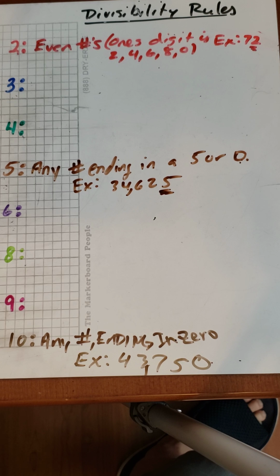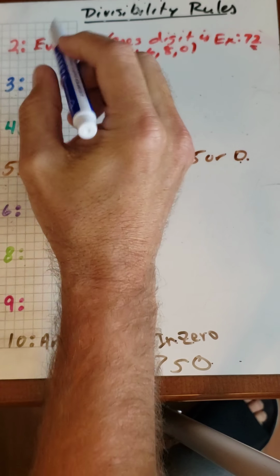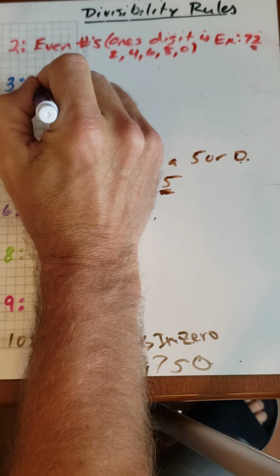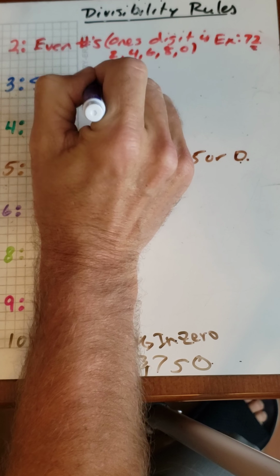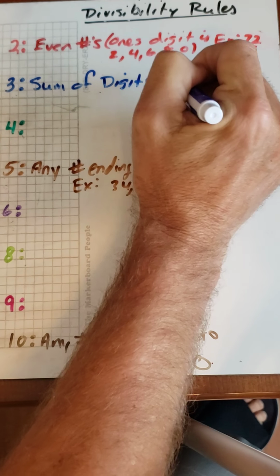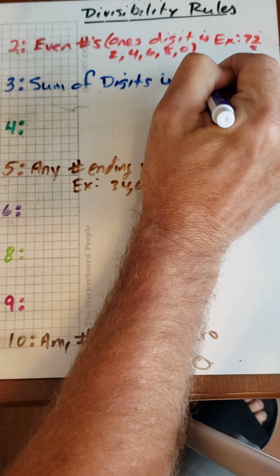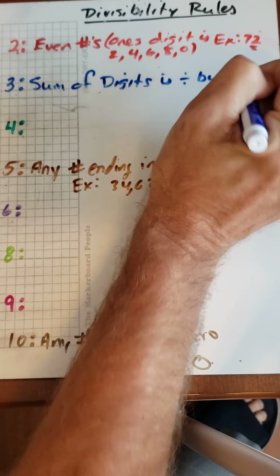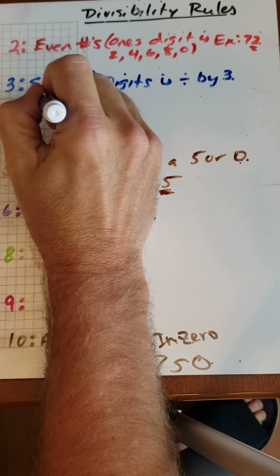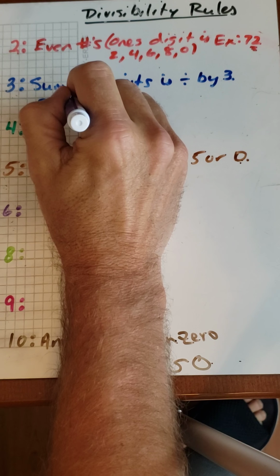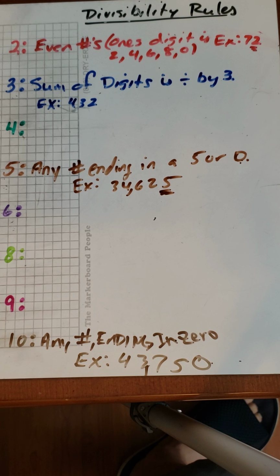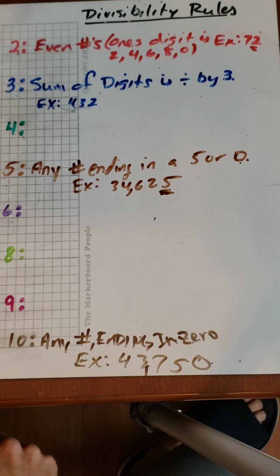For 3, the sum of the digits is divisible by 3. Let me give you an example: 432.